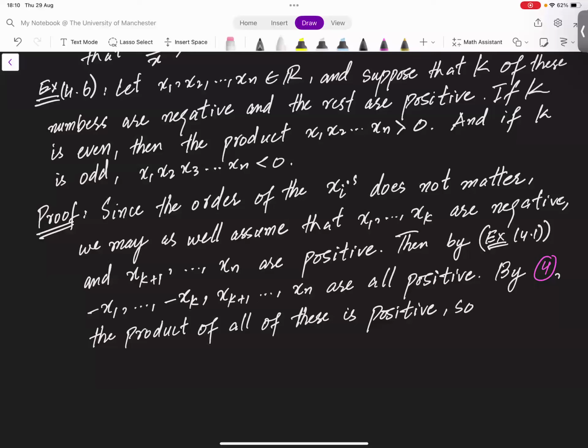So (-1) to the power k, x1, x2 up to xn is greater than 0.